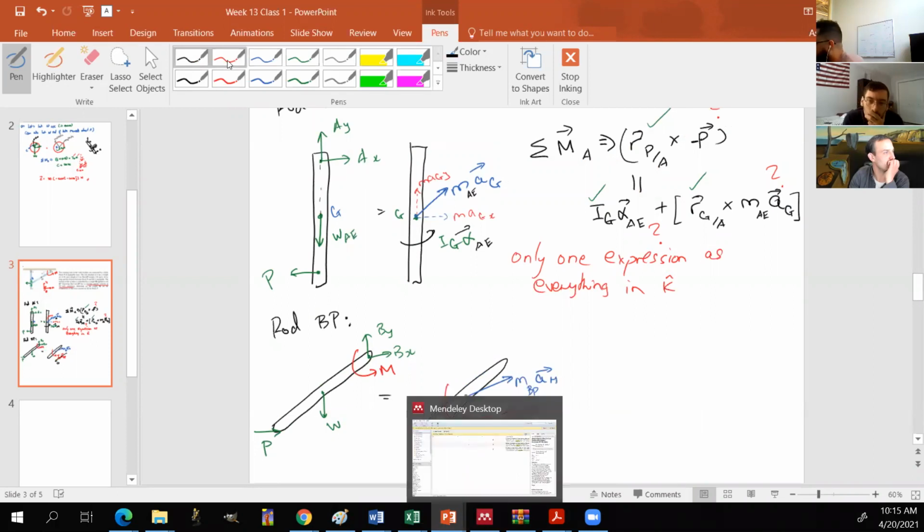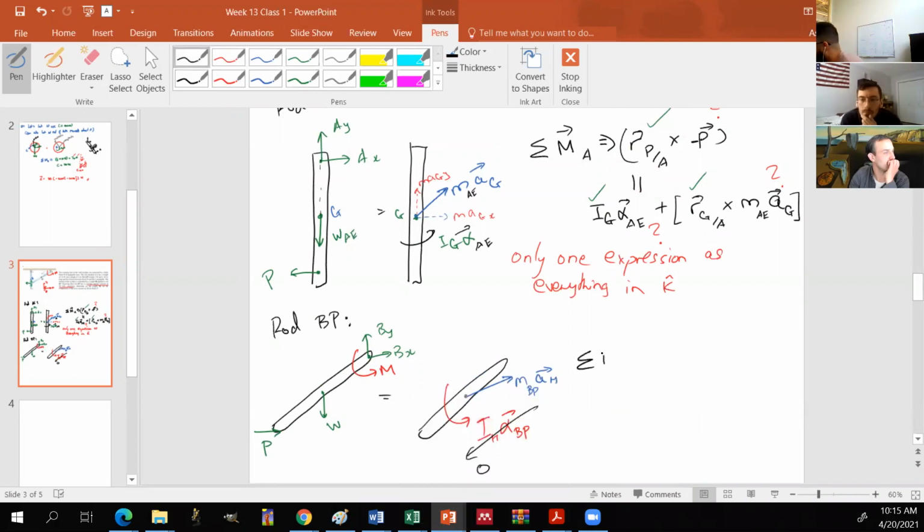So now we do moments about the point B. So that's going to be r of P relative to B crossed with your force P. And now you get why there's a minus up there, because they're equal and opposite.